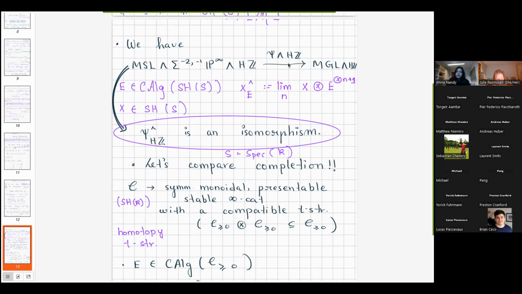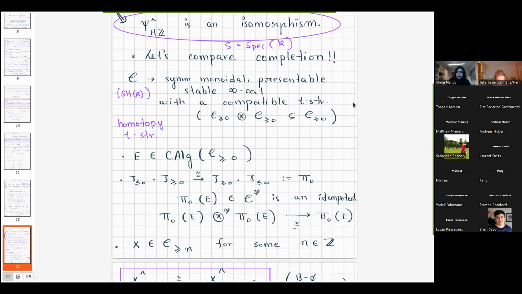Now, if we start with any commutative ring spectrum, we can talk about completing any spectrum with respect to that commutative ring spectrum. This is just the limit of the standard cobar construction. Because of this, we have that psi completed with respect to the motivic cohomology spectrum is an isomorphism. So this is something we have. And we want to use this to conclude that when we complete psi with respect to eta, this also becomes an isomorphism.